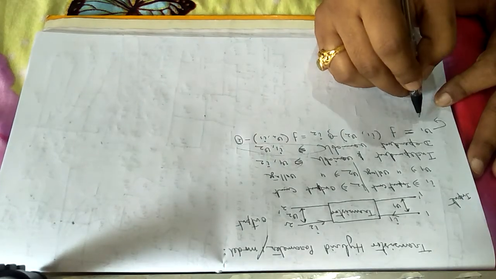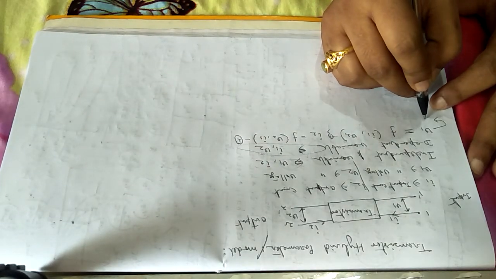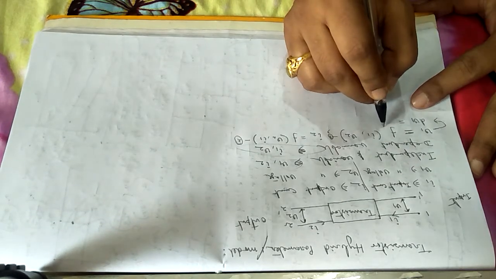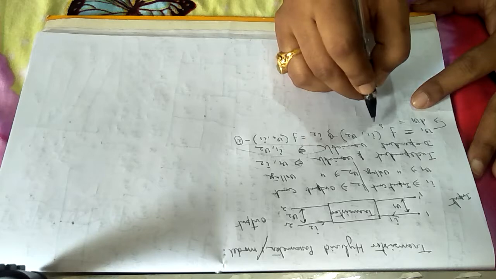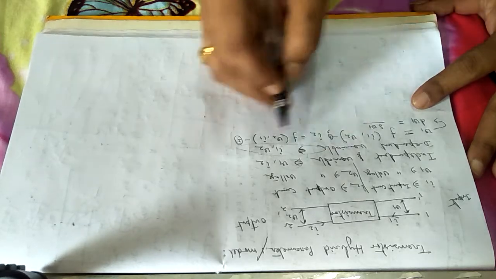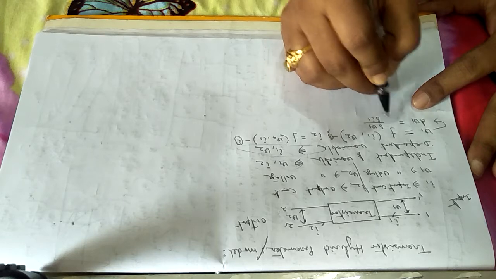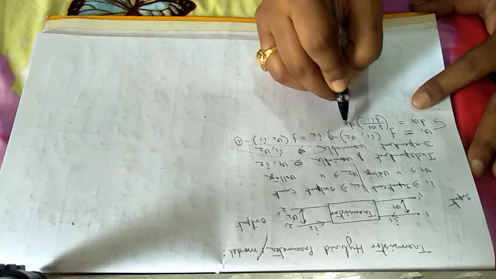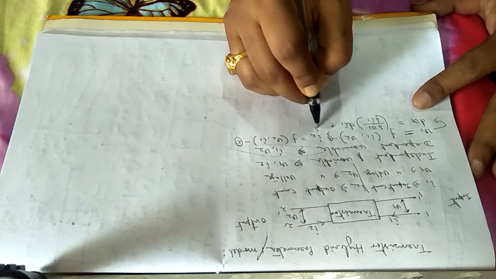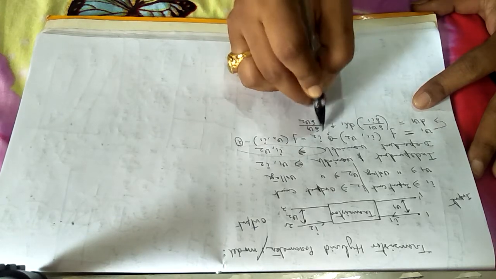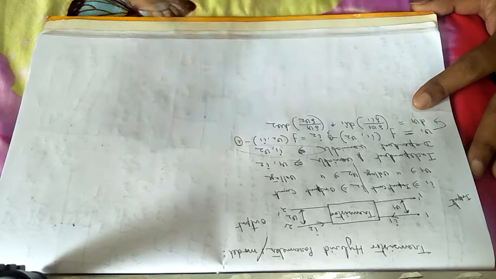If I take partial differentiation on both sides, I will get dV1 equals del V1 by del I1 into dI1 plus del V1 by del V2 into dV2.